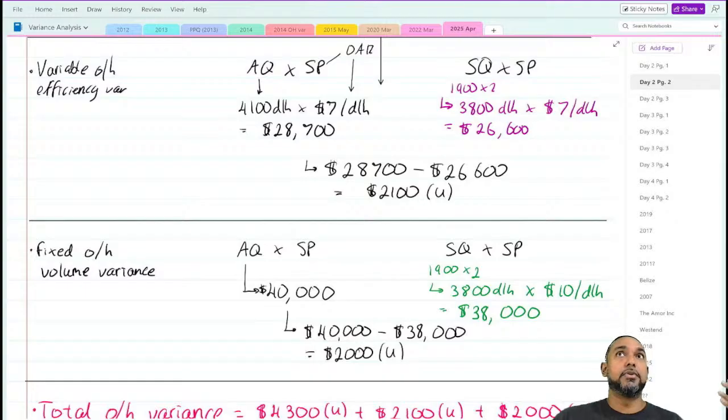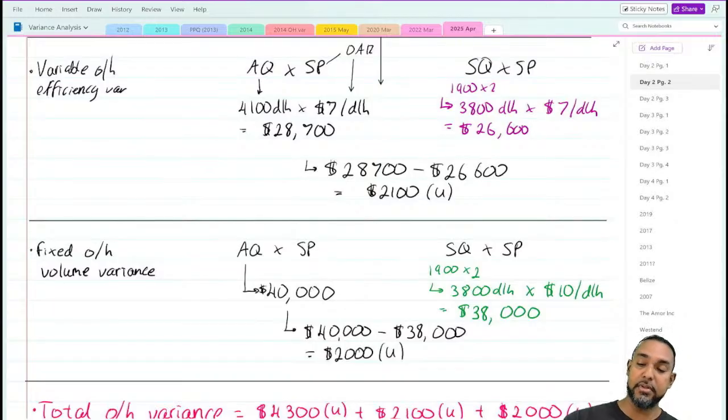With overheads, it's almost kind of ethereal. What is the quantity of overheads? Because overheads is a whole cost pool of different costs, right? You have so many different things that could go inside of there. So what is the quantity we're using? And again, we're applying overheads based on, in this case, direct labor hours. That could change, but this is just the example, so we're keeping it simple.